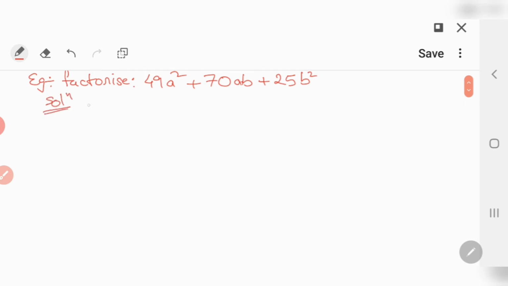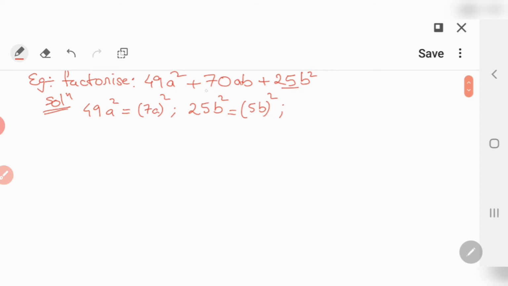Now here, 49a square is what? (7a) whole square, correct? Because 7 7s are 49, a into a, a square. Next you see 25b square, correct? This 25b square can be written as (5b) whole square, correct? So 5 5s are 25, b into b, b square.